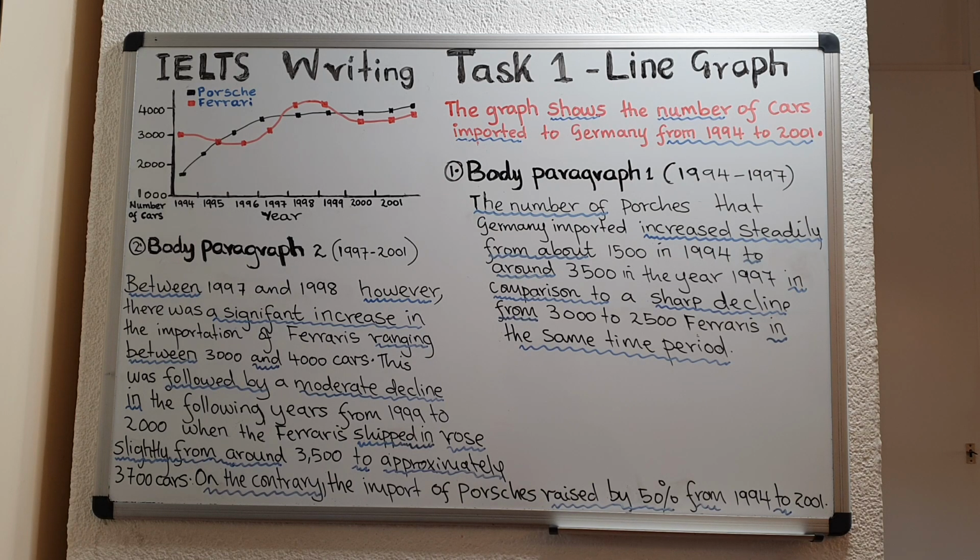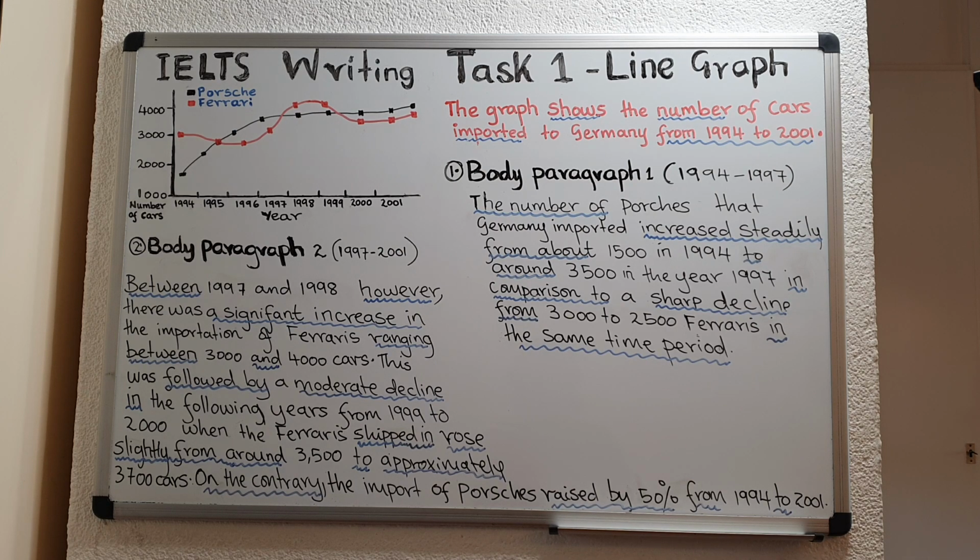And then that was followed by a moderate rise, because we're only talking about 500 cars, a moderate rise from 1994 to 2000, when the Ferraris shipped in rose slightly from around 3,500 to approximately 3,700 cars.